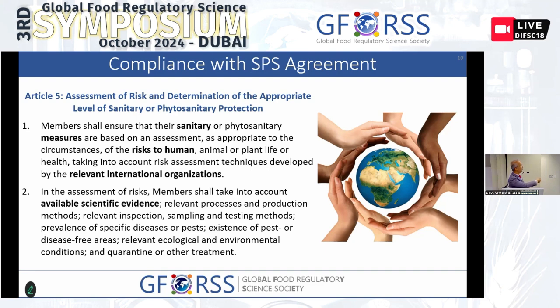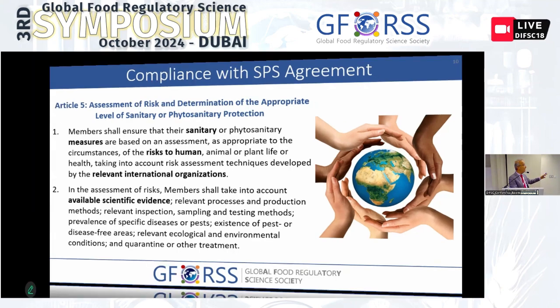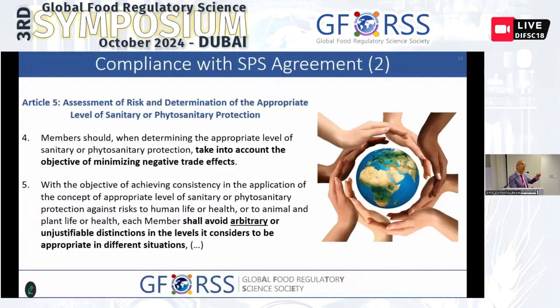So the risk to human health, but also to animal and plant health for the other parts. Of course, for food safety, we are focusing on the risk to human health. And this article also explains that we need to base this on the available scientific evidence and on the appropriate methodologies to do that risk assessment.